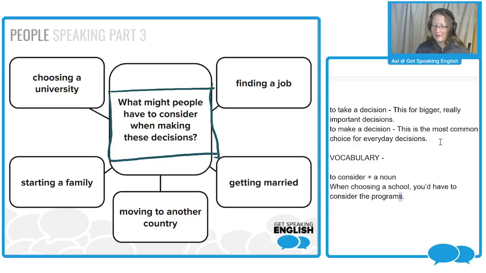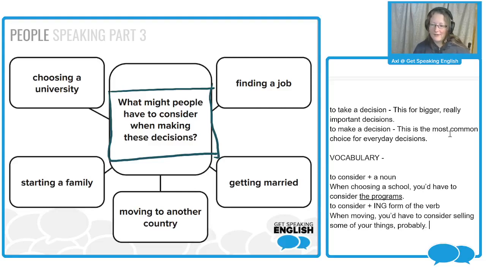So there we go, we have consider followed directly by a noun. If we're going to follow it by a verb, it's actually going to take the ing form of that verb. So for example, when moving, you'd have to consider selling some of your things, probably.